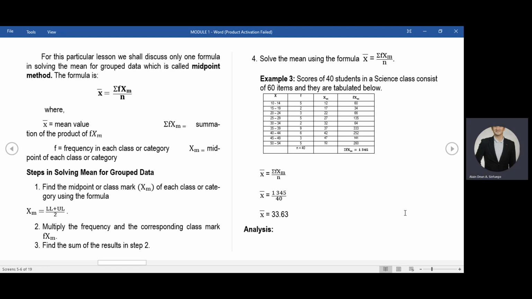Now, in order to find the mean of a grouped data, we will use the midpoint method. We have a formula for that one: summation of f times x sub m all over the sample size, lowercase n.